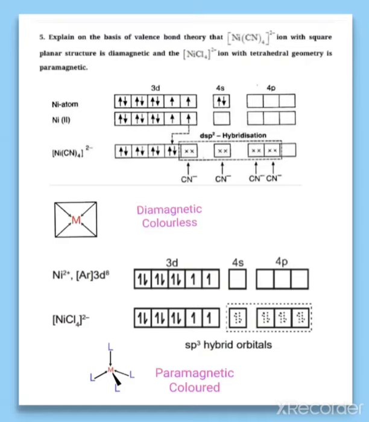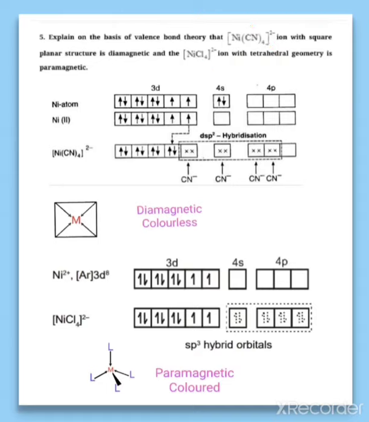For explaining the difference in the hybridization, let us make the hybridization for these complexes. Here, the difference in these two complexes is actually the ligands. Ligands are differing. The ligand CN is a strong field ligand and Cl is a weak field ligand.